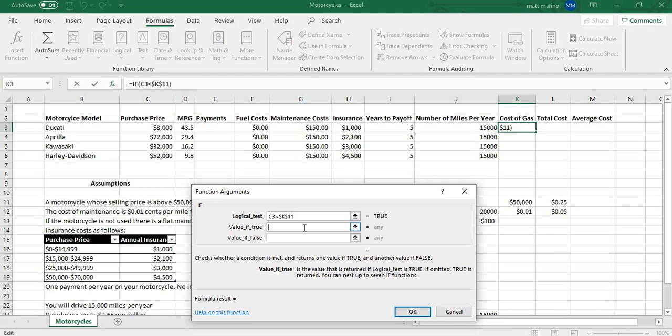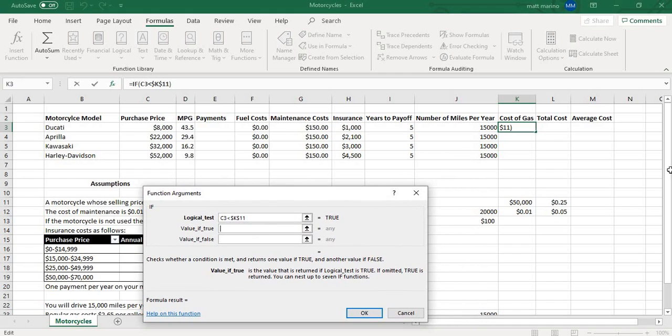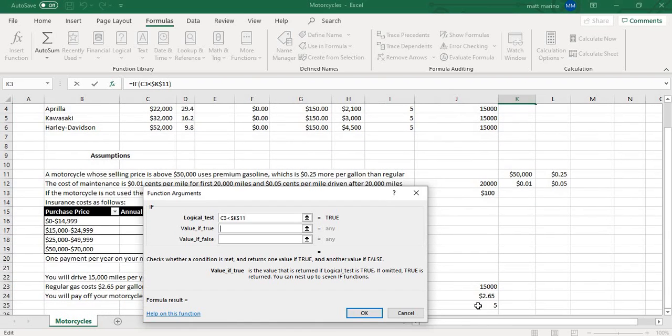So what do we want to post if it's true? If our assumption is true, we want to utilize our $2.65. But again, make sure this is referenced as an absolute cell reference. So if anything is changed within that cell, it does not affect our formulas.